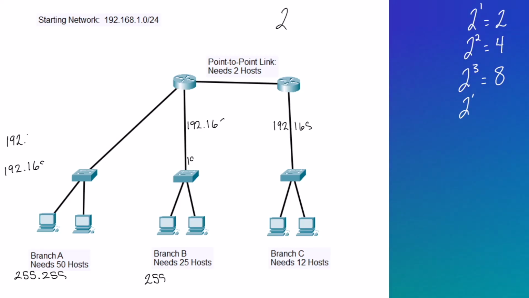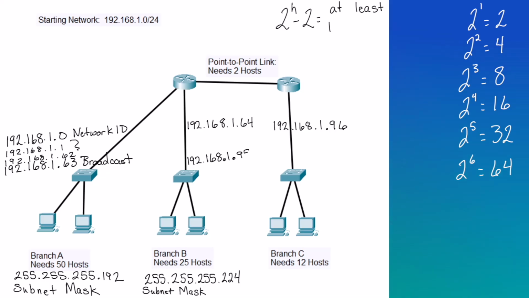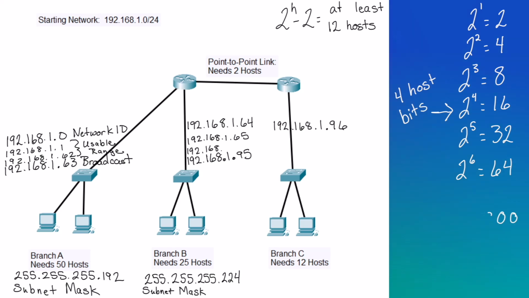For branch C, we have 12 required hosts. If we use our formula, 2 to the power of h minus 2, we can see here that 2 to the power of 4 equals 16. If we subtract 2, that gives us the value 14, which meets our 12 host requirement. 2 to the power of 4 tells us that we need 4 host bits, so 4 zeros.